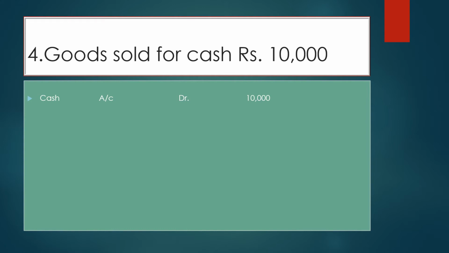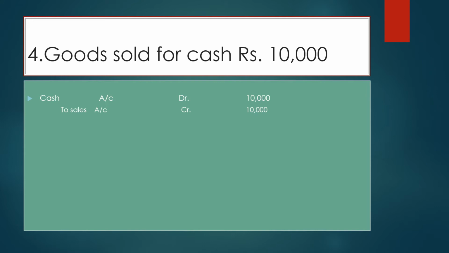Now let us see what we are crediting. To sales account credit 10,000. And here, why do we need to credit sales account? Because there is one perception, that according to nominal account we need to credit all incomes and gains. Sales generates income, so that is the reason why we have credited this 10,000, that is sales.